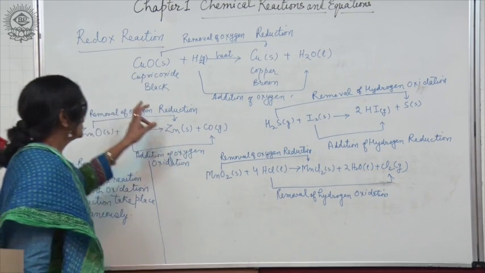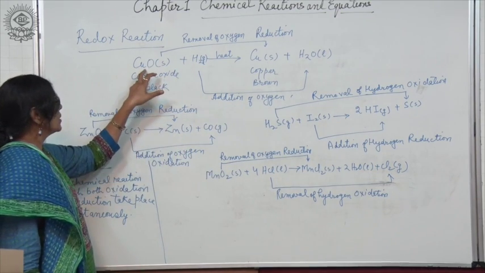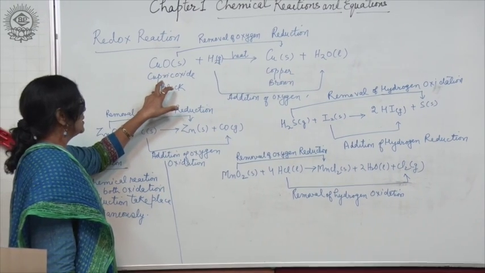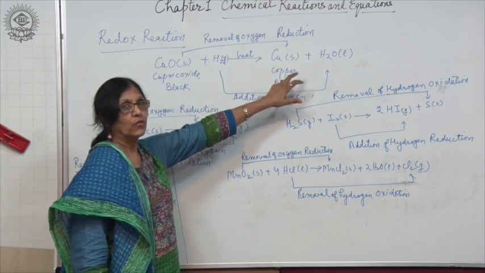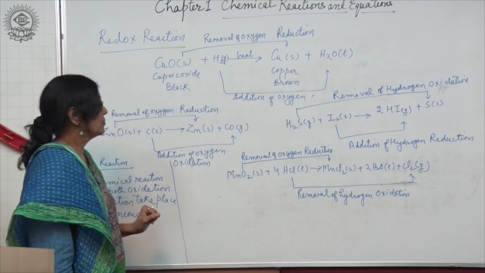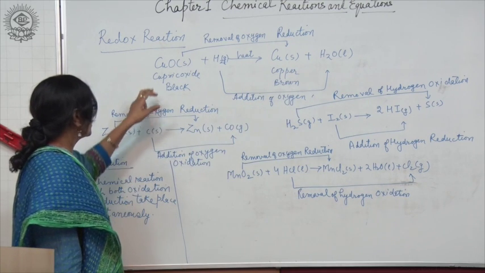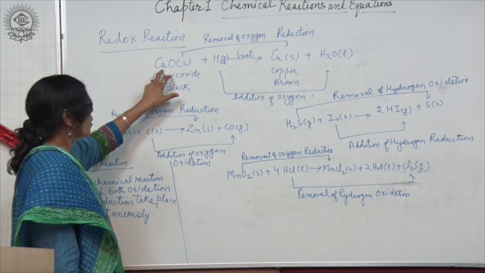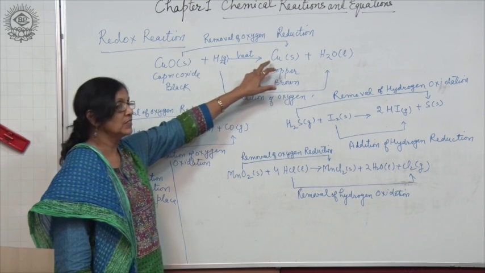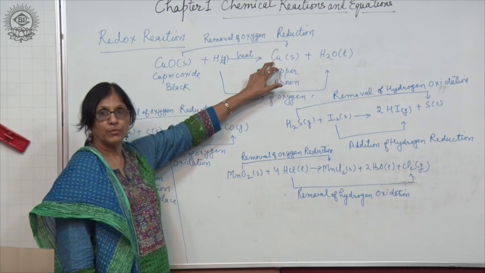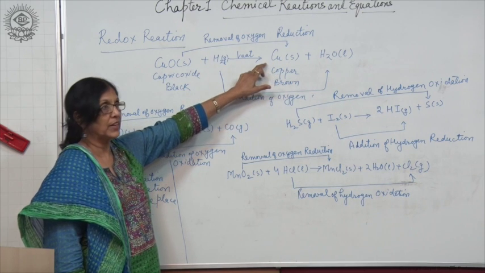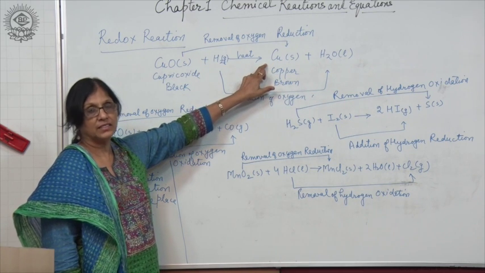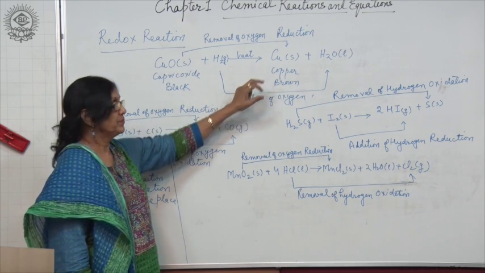See this, when hydrogen gas is passed over heated cupric oxide, it changes to copper and water is also formed. Now, in this particular reaction you can see from copper oxide removal of oxygen has occurred, and removal of oxygen is called reduction. So, this is the process of reduction. Copper oxide is getting reduced to copper.